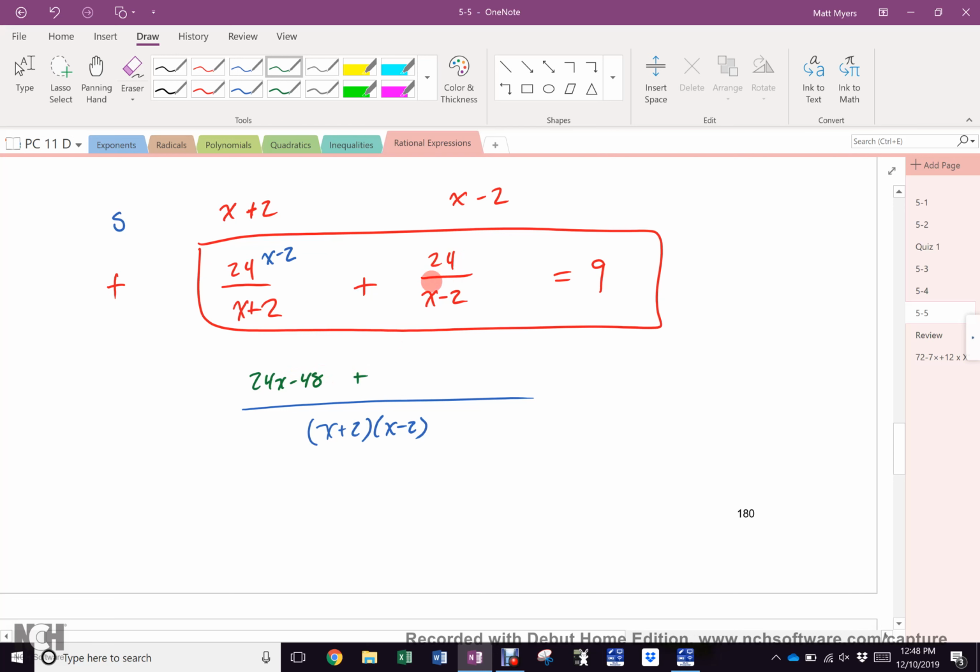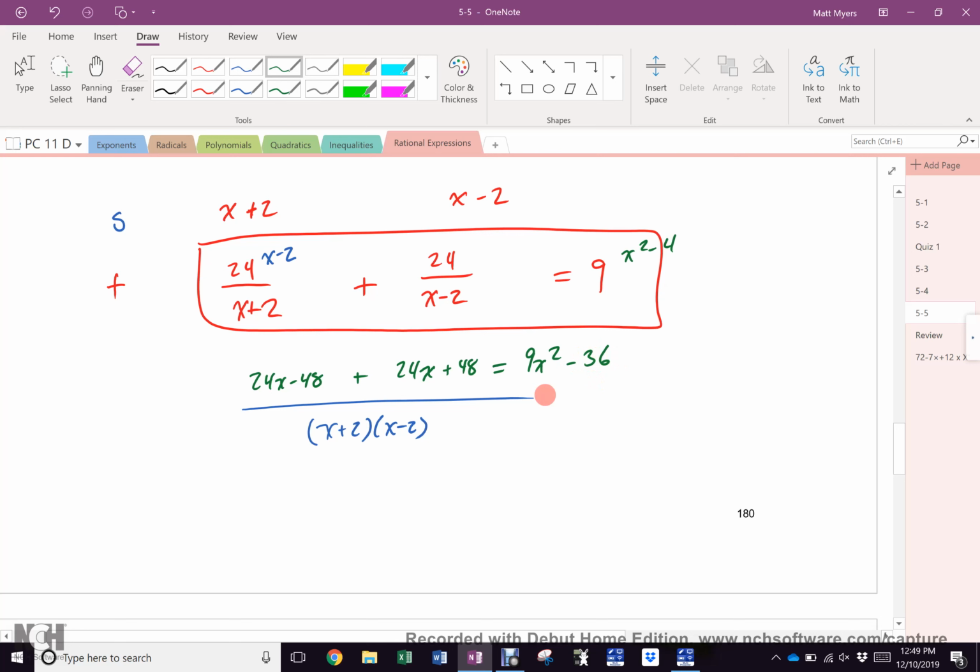Plus, what's getting written here? Plus 48 equals tricky. What's this guy need? Well, I would do it as x squared minus 4, yeah? So what's this side going to be? 9x squared minus 36.